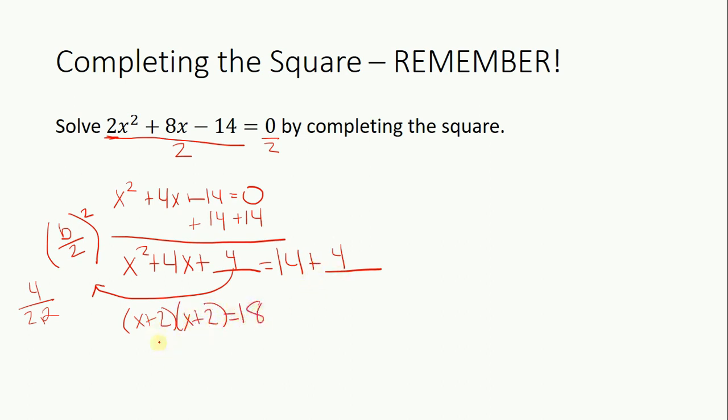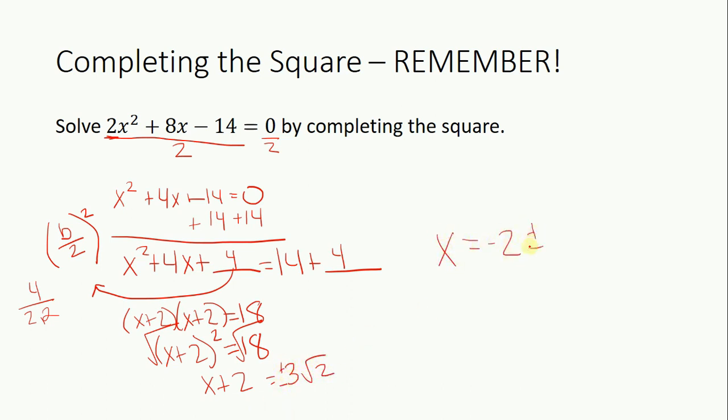But x plus 2 times x plus 2, that's just x plus 2 squared equals 18. Then you square root it, so you got x plus 2 equals 3 square root of 2, didn't forget the plus or minus, so then x equals negative 2 plus or minus 3 square roots of 2. That's how we completed the square.